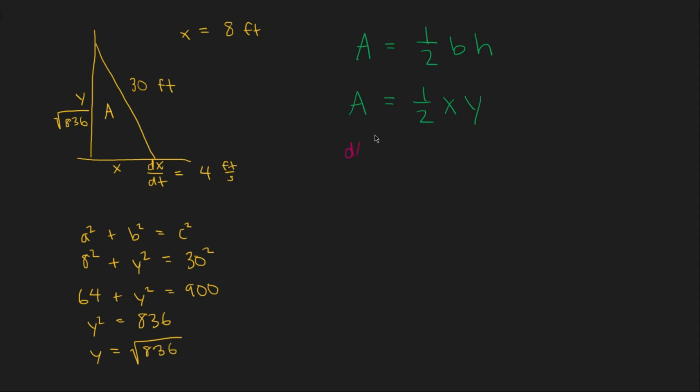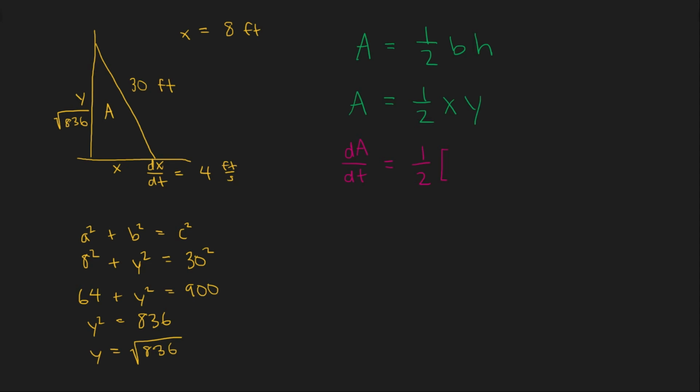So dA over dt equals, and we have x being multiplied with y, so we're going to be using the product rule here. So let's draw a 1/2 with a square brace.